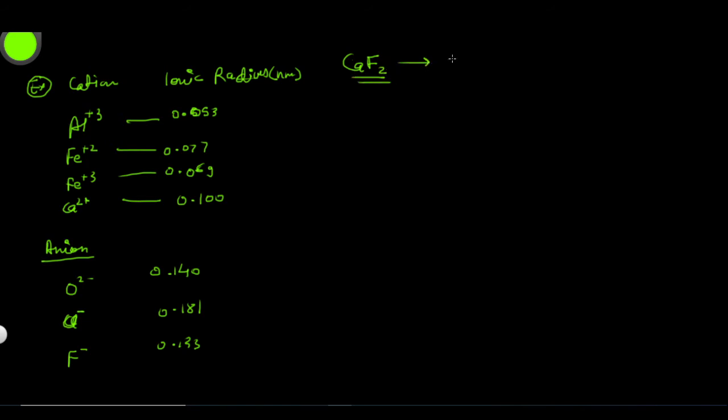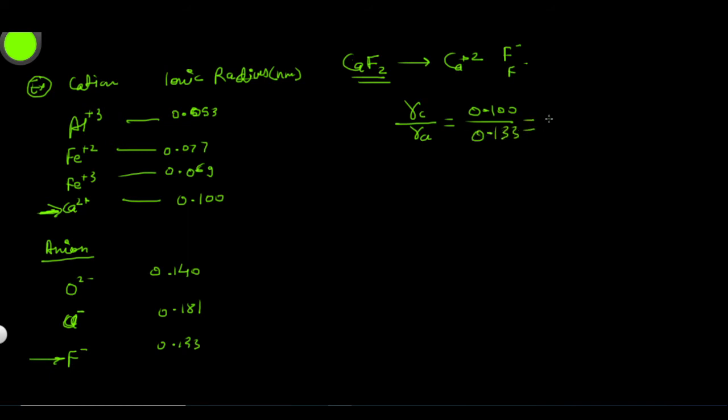So CaF2 is made of calcium, Ca+2, and F-. So radius of cation by radius of anion. Cation radius is for Ca+2, which is here. So write the value of radius 0.100, and radius of anion is fluorine, which is given as 0.133.